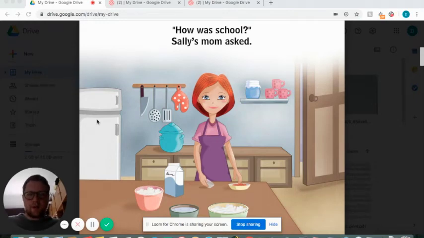So have a look at this image quickly, pause the video here, and see whereabouts in the house these things would be kept. Have a think where they would be kept in your house.